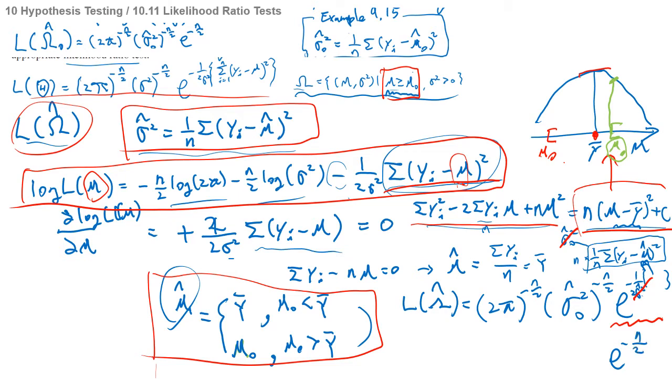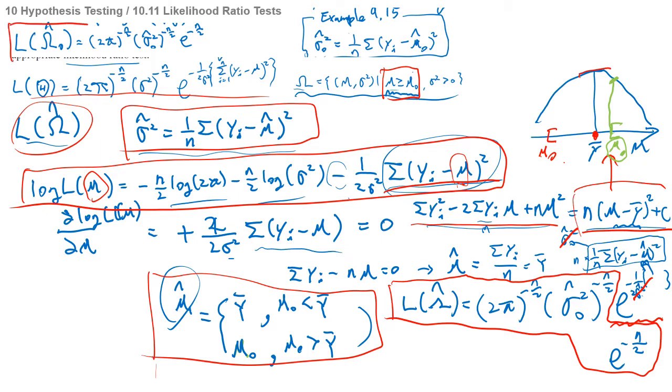Okay, now we have L omega hat here, and we have L omega 0 hat here, and so we can calculate the lambda.